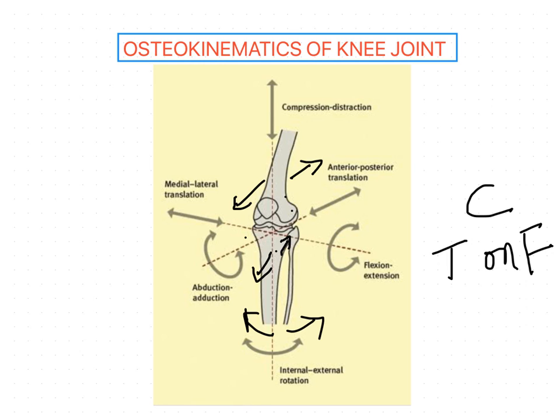If it is an open kinematic chain, the tibia will move on the femur. If it is a closed kinematic chain, the femur will move on the tibia. Why?